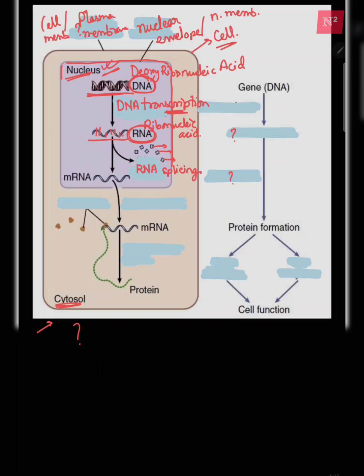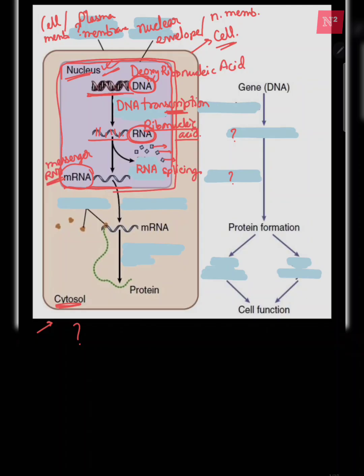The splicer helps in doing RNA splicing, and we get a single strand of RNA which is called mRNA or messenger RNA. The RNA name means ribonucleic acid. The mRNA is formed inside the nucleus.